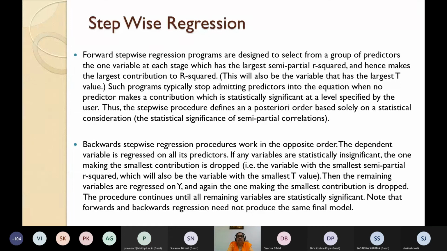So again, for addition or deletion, whichever has either the highest p-value or the lowest p-value, you pick up that particular variable, and you try. So as I said, it is made up of forward as well as backward regression both.